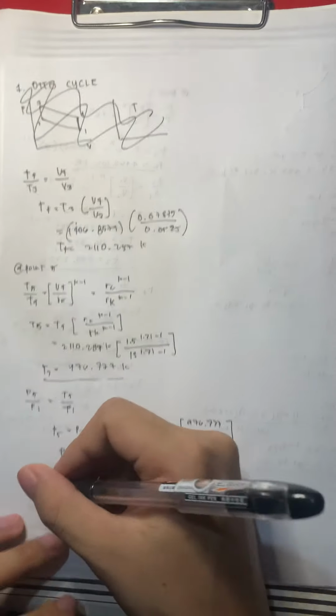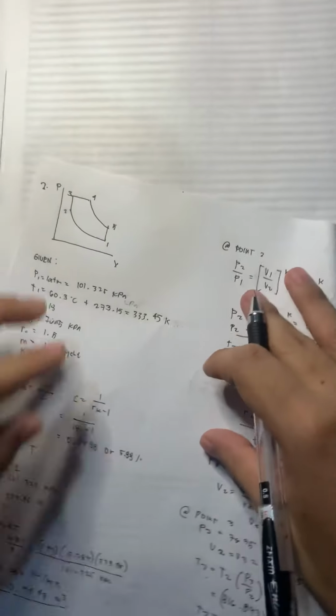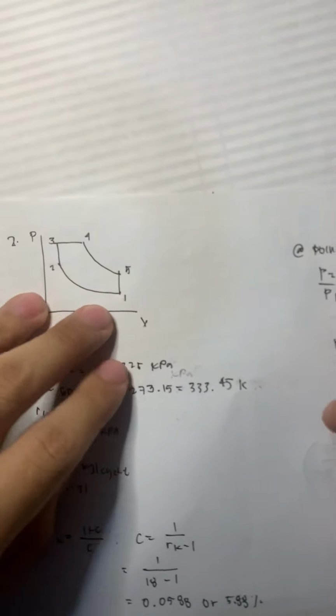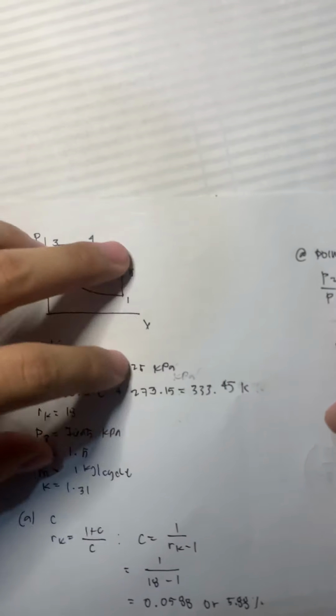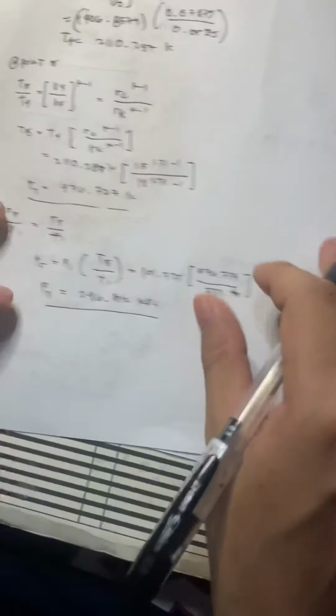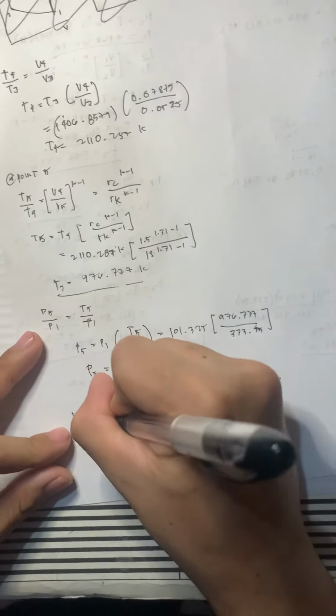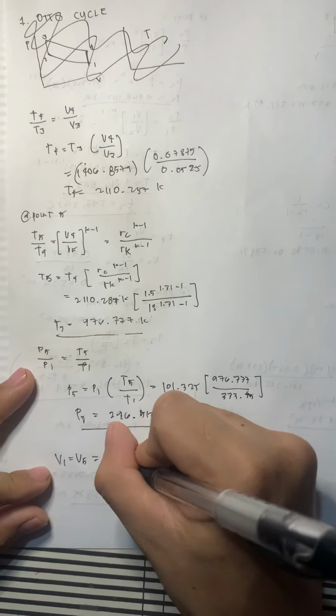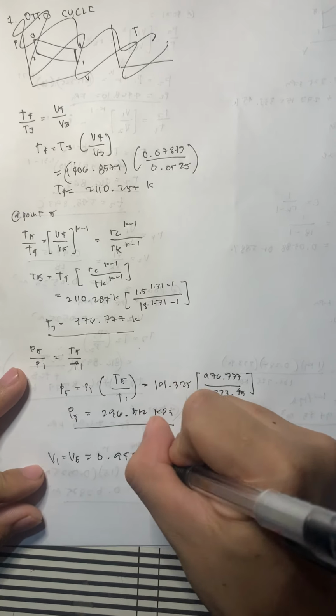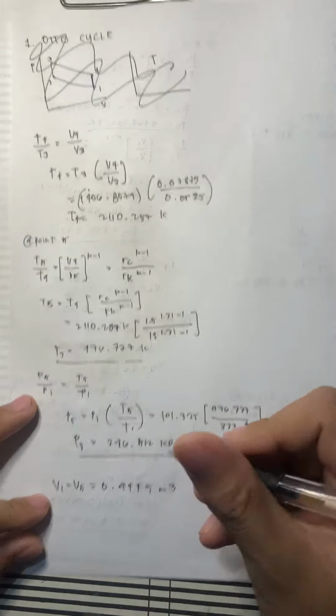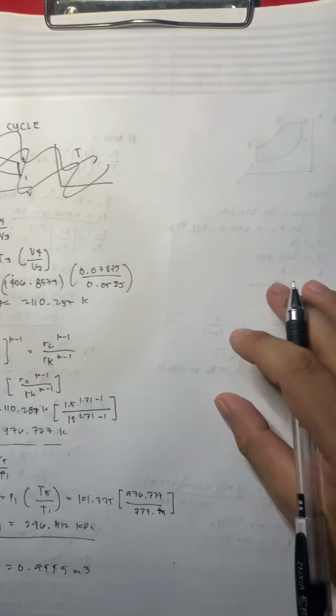Now, since here in the diagram volume 1 and volume 5 are equal, that is 0.9445 meter cube. Now we're done at B.